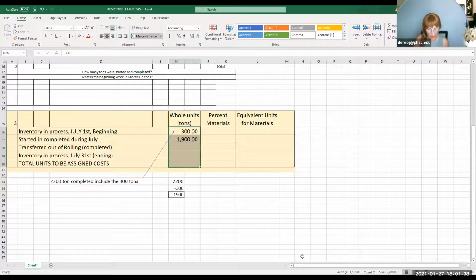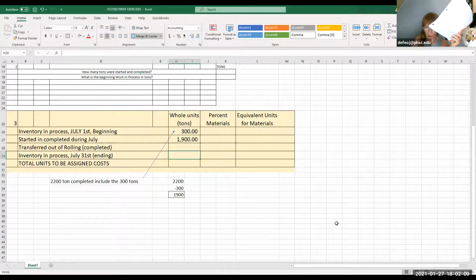So now what does it tell us? It tells us that the ending work in process inventory was 500 tons, 40% complete. So the ending is here. How much am I going to put over here? It says 500 tons.